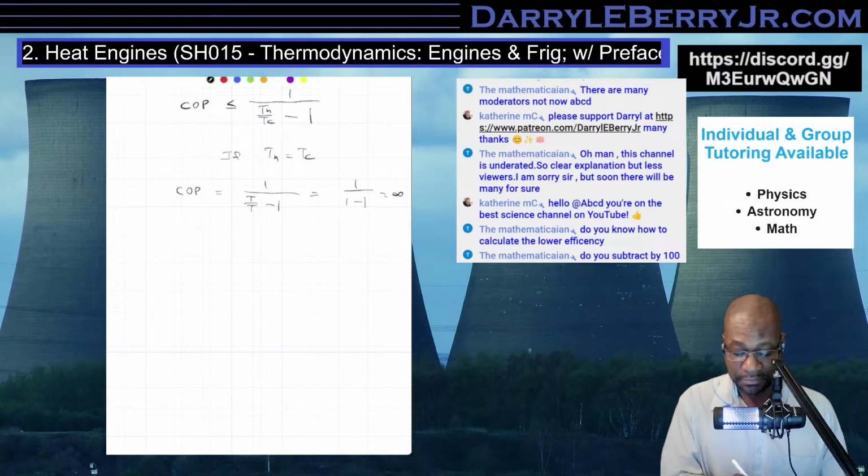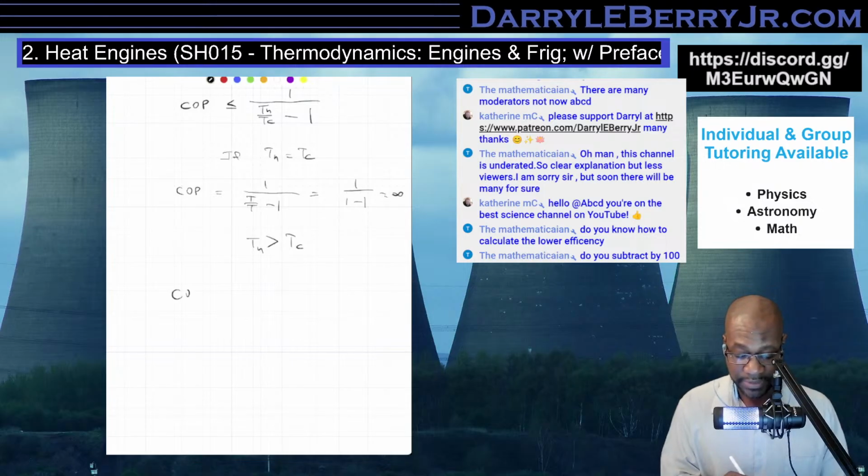By the same token, let's say the temperature of the outside is very hot, very different. So TH, let's say, is way bigger than TC.